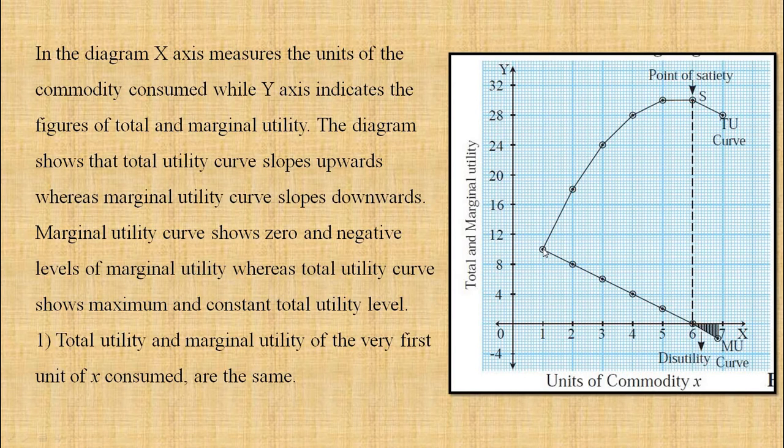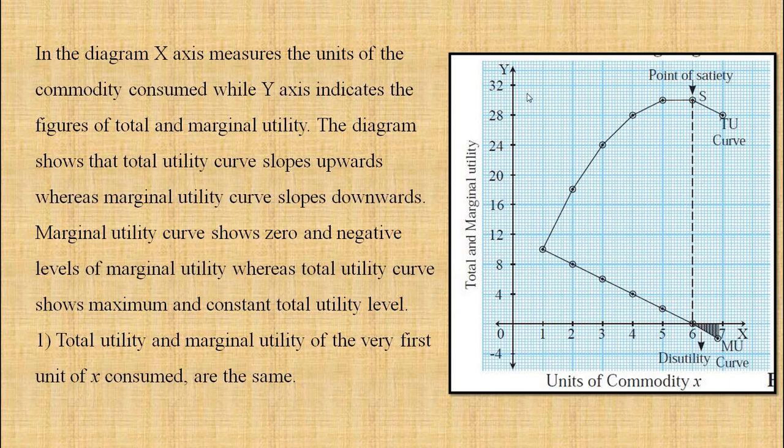As the consumer consumes further units, the total utility increases at a diminishing rate and the marginal utility diminishes. At a particular stage, total utility reaches its maximum. 30 is the maximum total utility, and it remains constant, whereas the marginal utility becomes 0. When total utility is maximum, marginal utility is 0. This point is called the point of satiety.